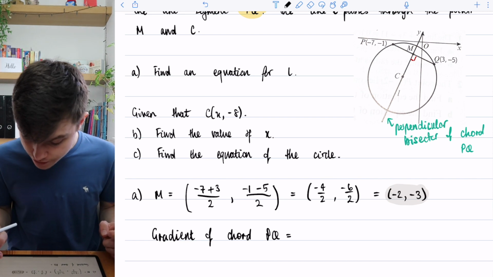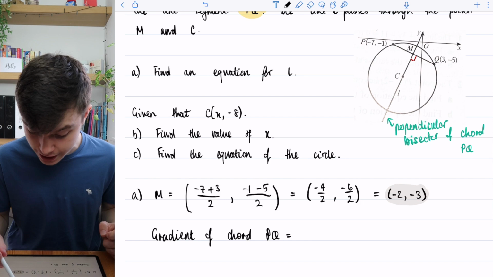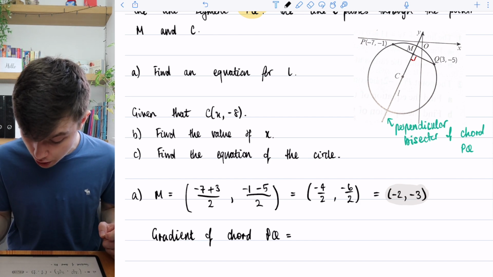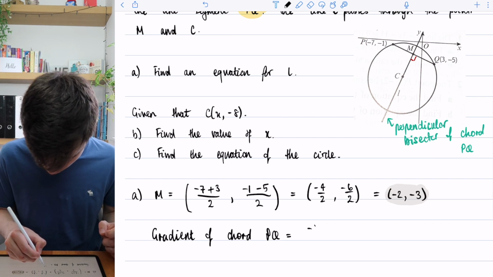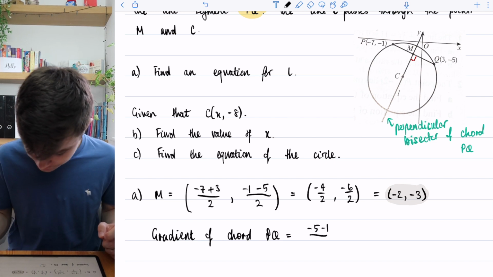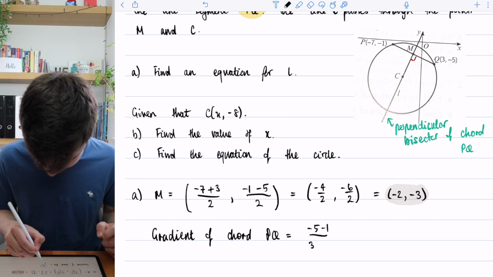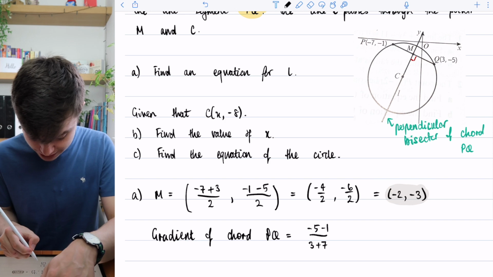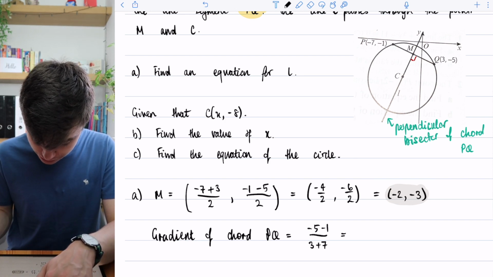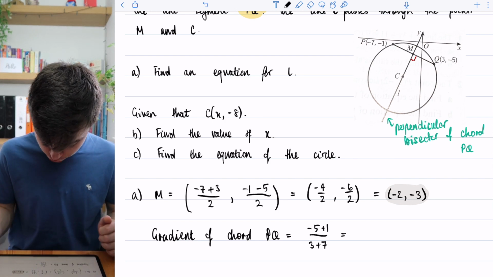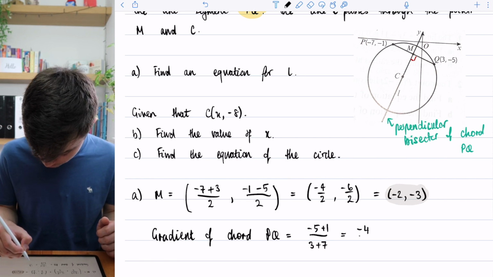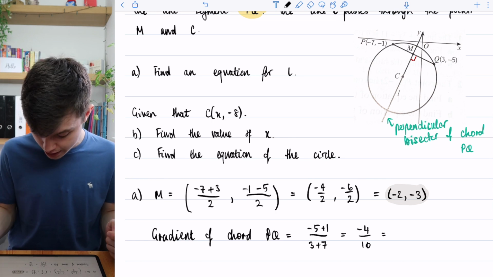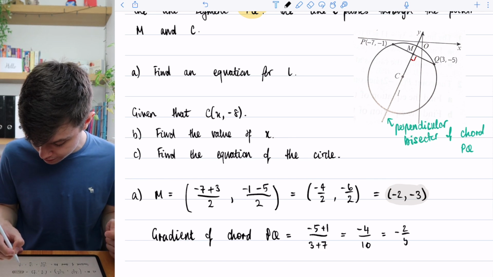So we will do the change in y and we will take P from Q. So change in y will be -5 -1, and the change in x will be 3 -7. That is going to give me -4 over 10, and we could write that a little bit differently, divide top and bottom by 2, -2/5.